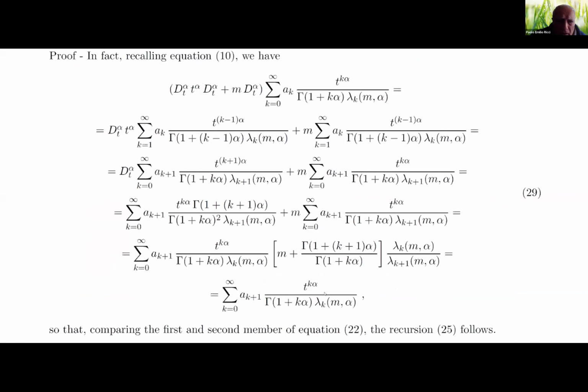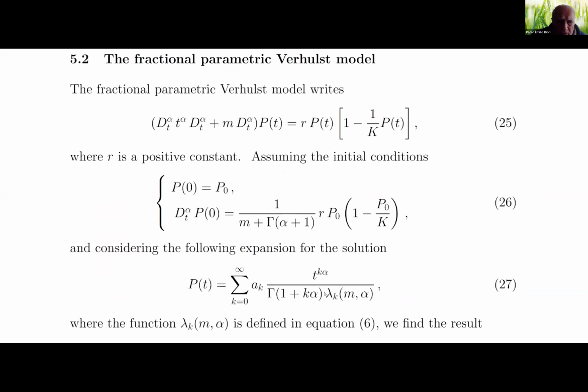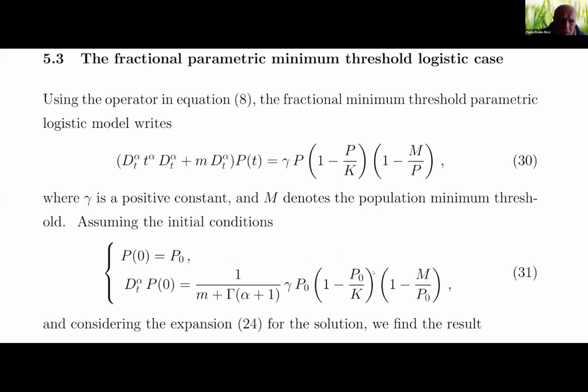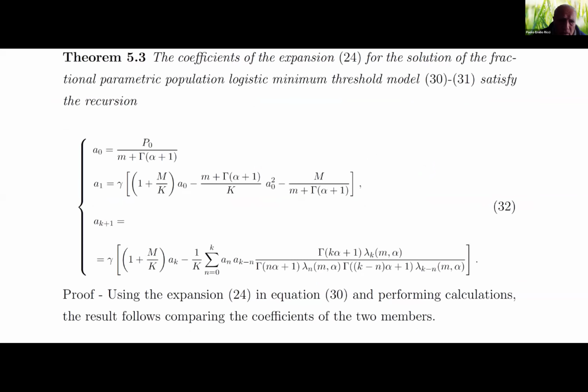I show you again. This is expression 27 here. Using this expression, you put the solution into the equation, compute the fractional derivative, and all the things that are needed, and you compare the two members and you find the recursion for the coefficients.